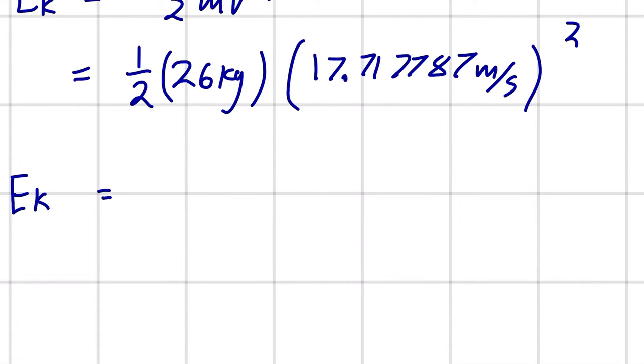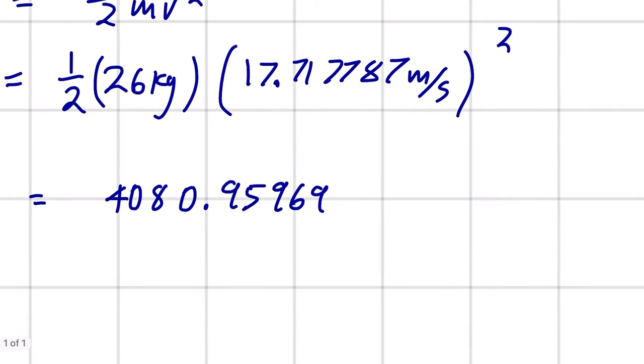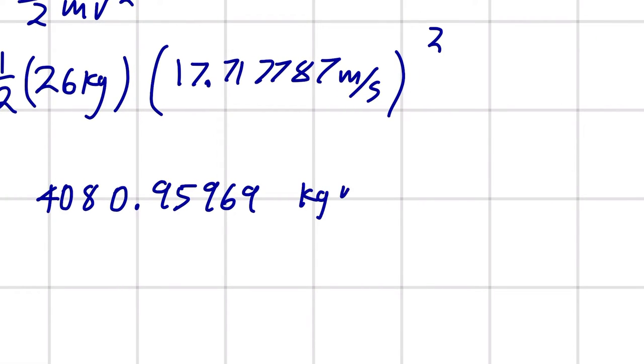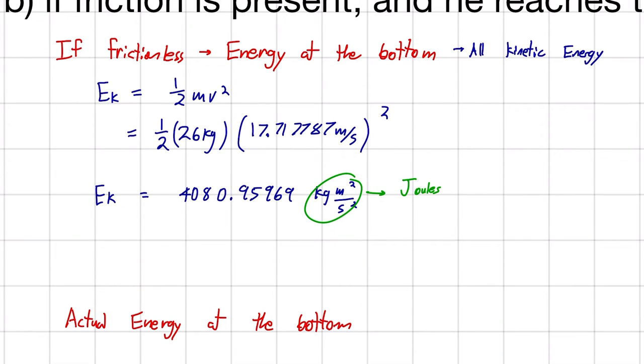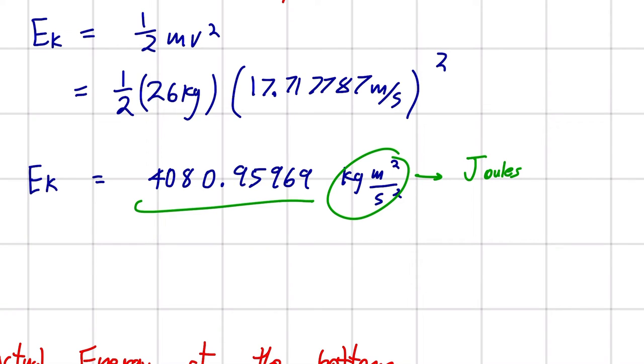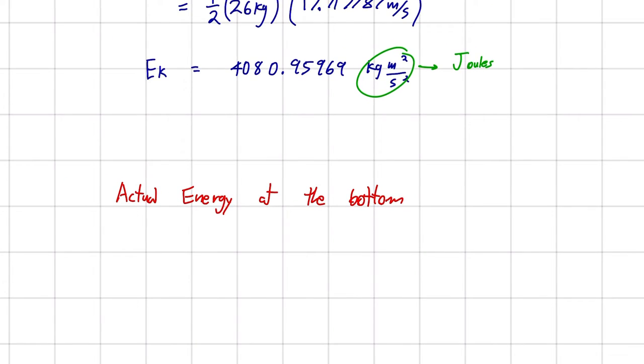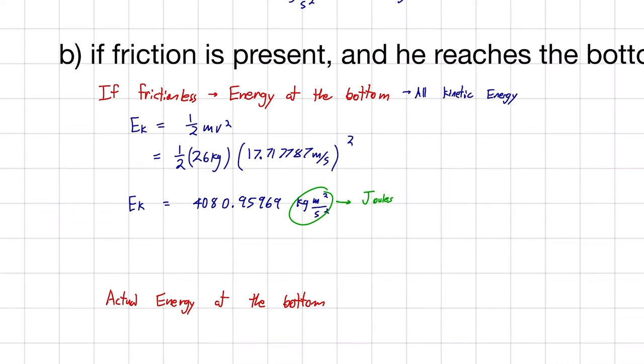Our EK is 4,895.969, and the unit's kilogram meters squared per second squared. And this is joules. So that's an energy. That's good, for our energy, we have the right units. Okay, so that is our energy at the bottom of the slide.